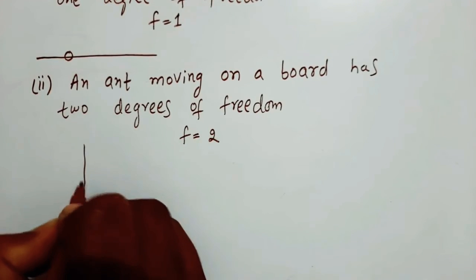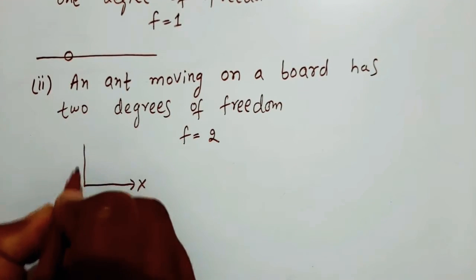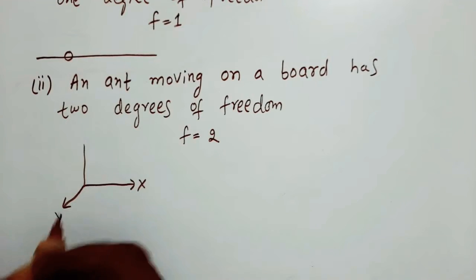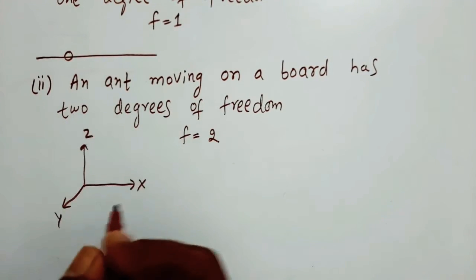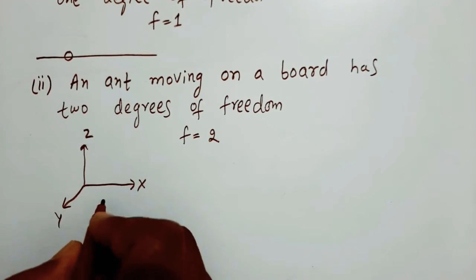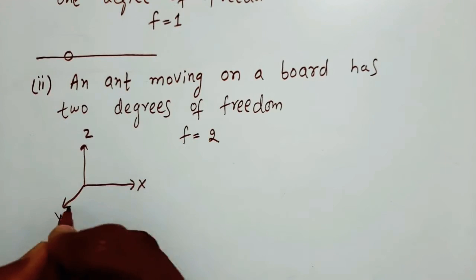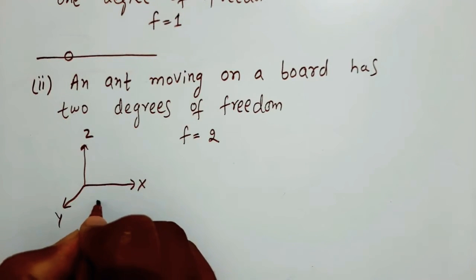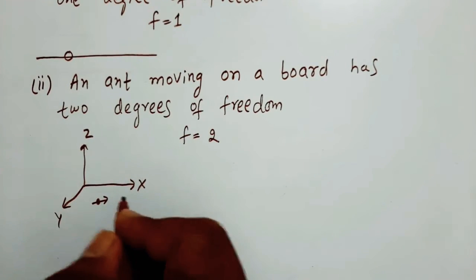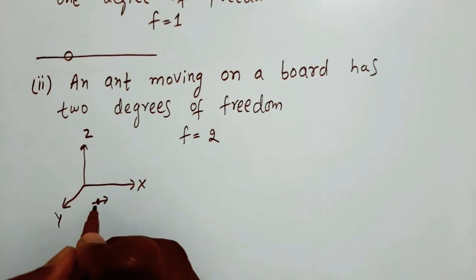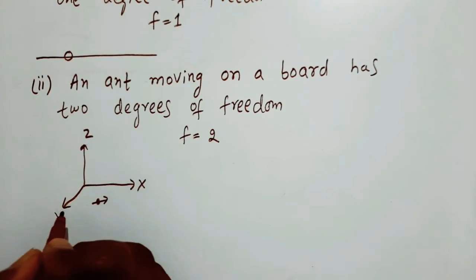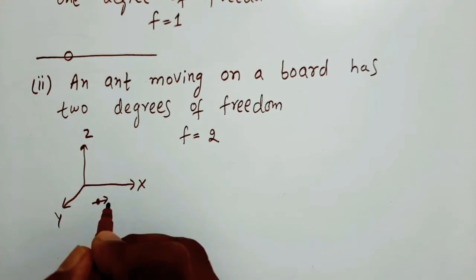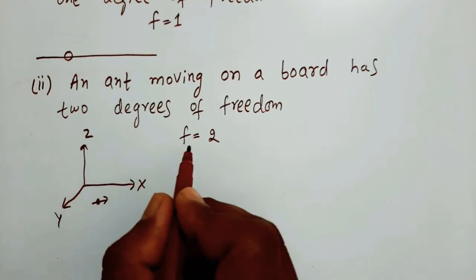Here I am taking this as the x-axis, this as the y-axis, and this as the z-axis. Suppose an ant is moving on the xy plane. To describe the motion of the ant, we require two coordinates, that is the x coordinate and the y coordinate. So here the degrees of freedom is 2.